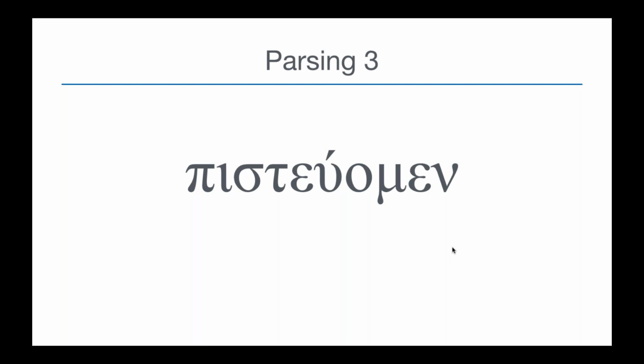And then the rest of it is tense: present tense; voice: active; and then mood: indicative. Perfect. And how would you translate that, once again using that present progressive tense? Pistuo means I believe. Would it be we are believing? We are believing, exactly.